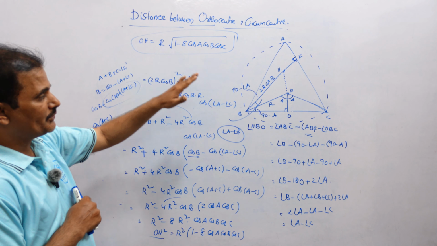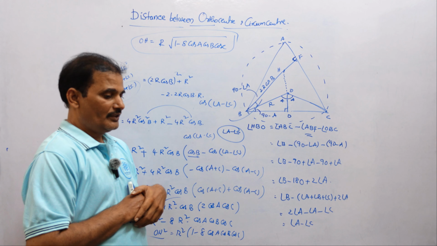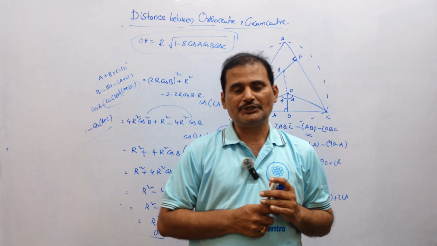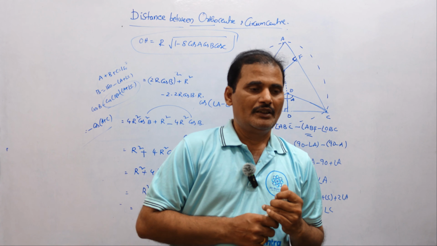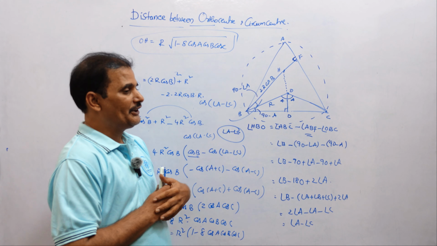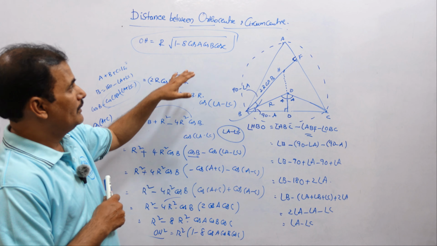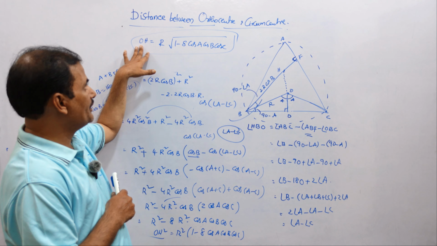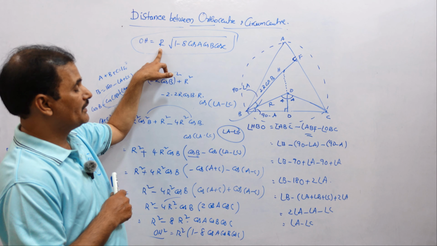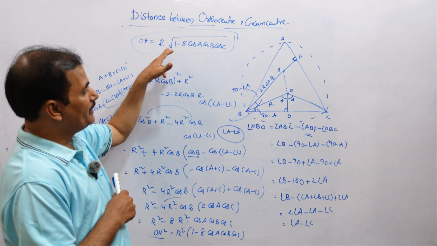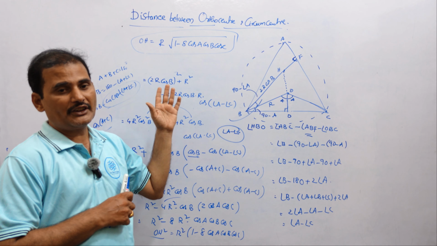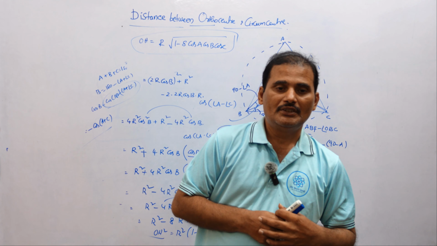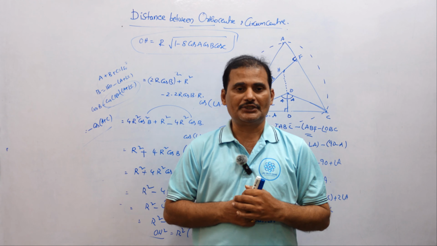The pedal triangle formula is compulsory in JEE, and 80 to 90% one question will come. Whenever angles are given, you can find the distance between the orthocenter and circumcenter, or the circumradius, easily using the angles. In the next video, we will find the distance between other centers. Thank you.